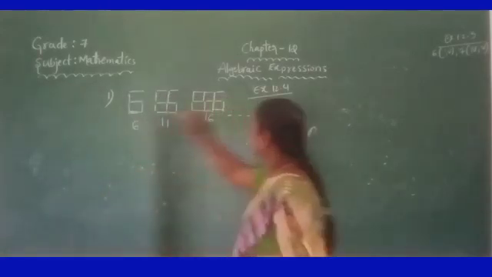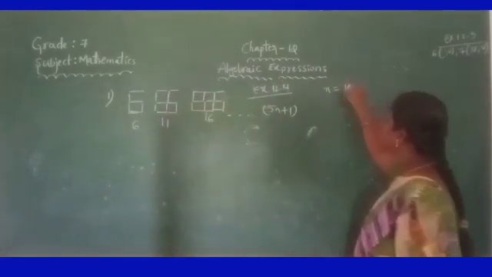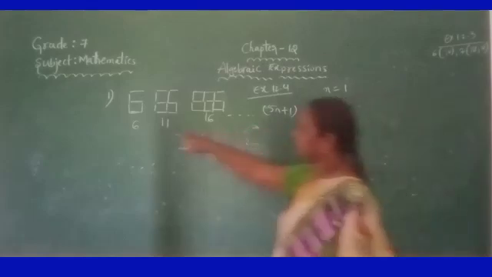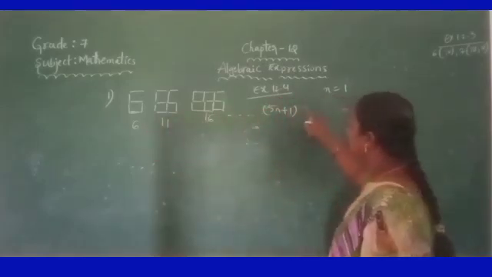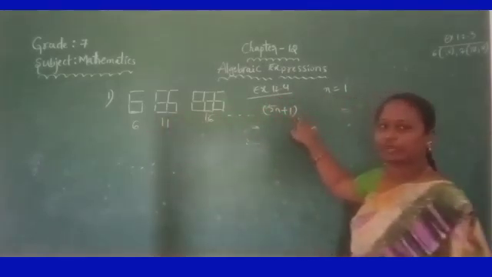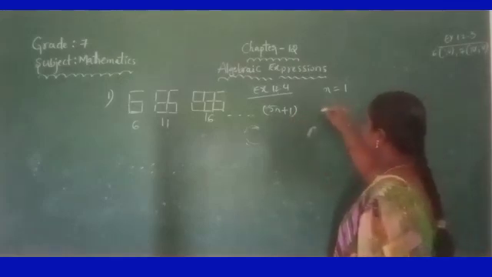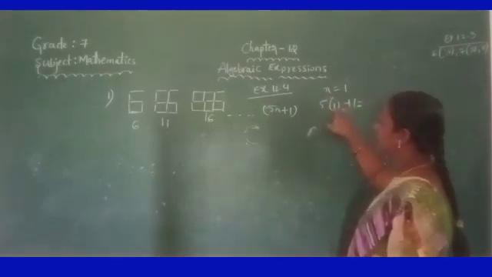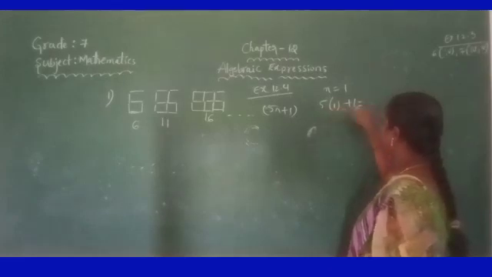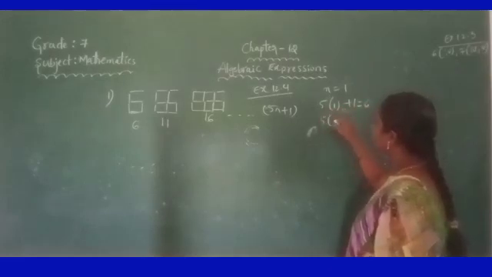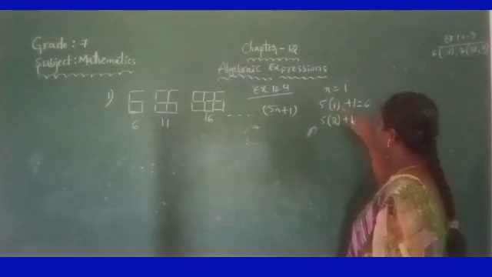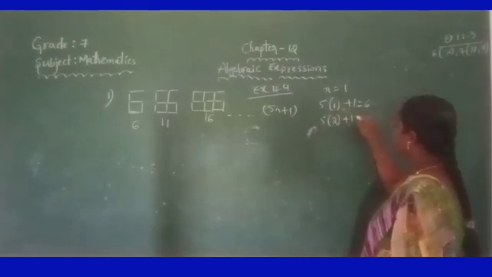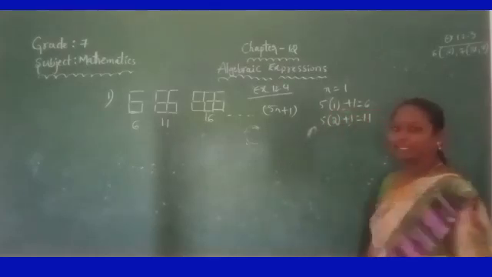If you take one digit, that is n is equal to 1, here 1 sixth digit. So here 5n plus 1. Is it correct or not? Check. So 5 into 1 plus 1, that is 5 into 1 is 5, plus 1 is 6. If 2 sixes, that is 5 into 2 plus 1, 5 twos are 10, plus 1, that is 11.